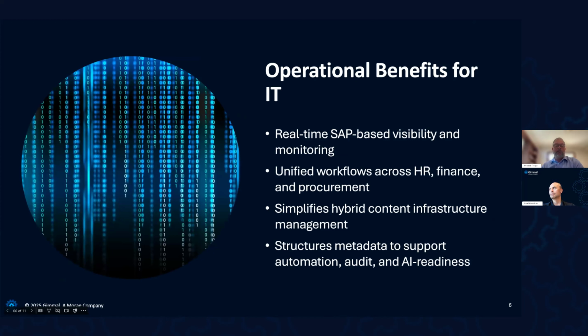For the IT team, right now, 70% of enterprises report that unstructured content is inconsistently governed or difficult to manage, therefore increasing your cost of ownership. 54% of that content is also unused after 3 or 4 months, driving storage costs up unnecessarily. Link Enterprise assists in offering real-time visibility into the content usage for your SAP environments to help you manage these stats and ensure you can outperform other organizations.